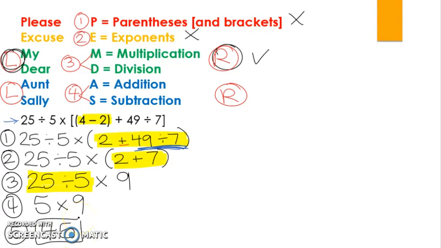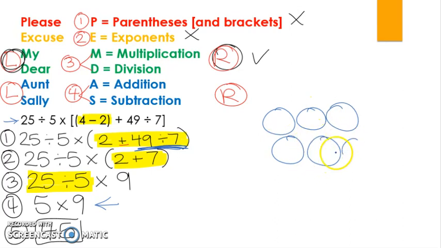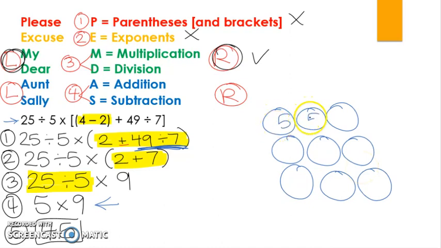Now I do want to caution you, which means I want to warn you that if you have to use any other strategies, which is okay, to solve the expressions, use your other strategies over on the side. For example, if I said, okay, the easiest way for me to solve 5 times 9 is to make 9 groups and put 5 in each group, and then come back and skip count by 5s, 5, 10, 15, 20, 25, 30, 35, 40, 45.